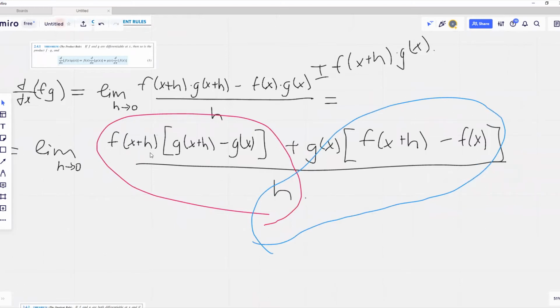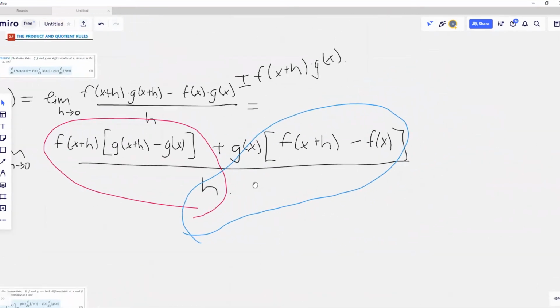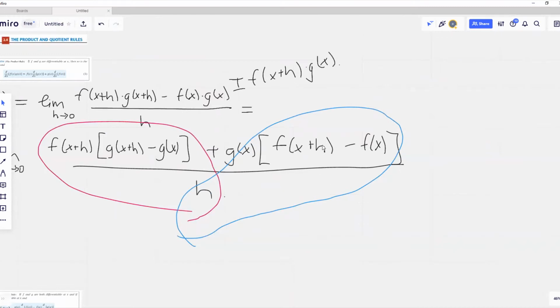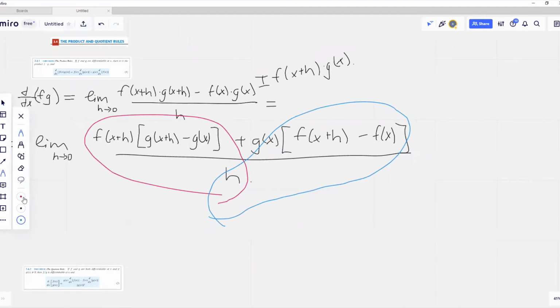When h is approaching 0, this is simply f at point x. And the second fraction in blue here, square brackets divided by h, is the limit definition of the derivative of f multiplied by g of x.